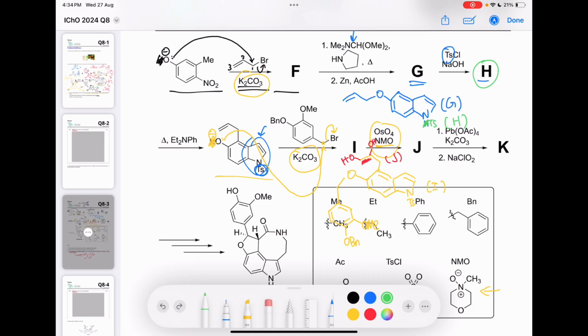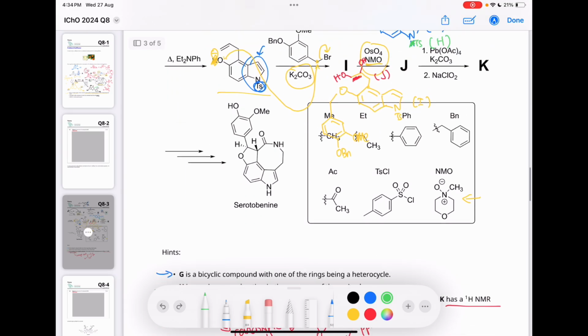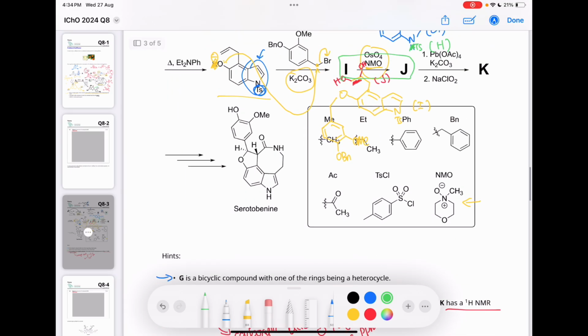It might cause you to have a lot of side products, and that's generally not good. So you want something that's mild and specific, that will only attack where you want it to attack. So that's why you do a two-step oxidative cleavage. So yeah, I to J, this step is just setting up for what's to happen in J to K.